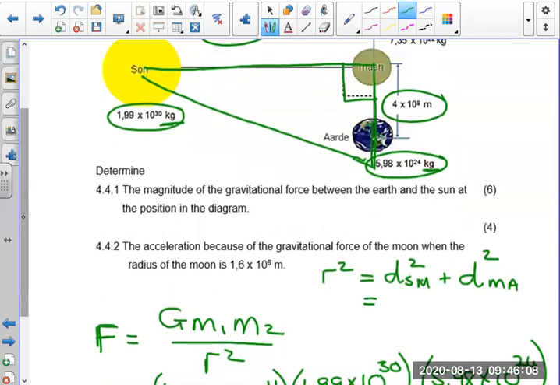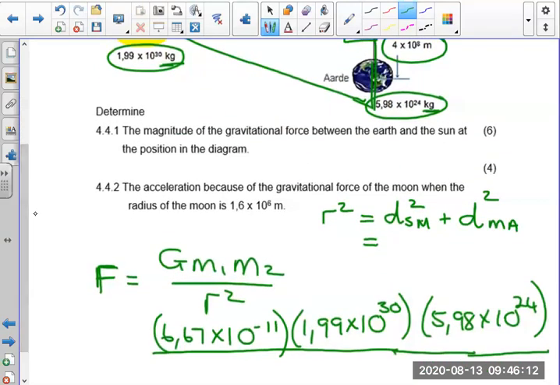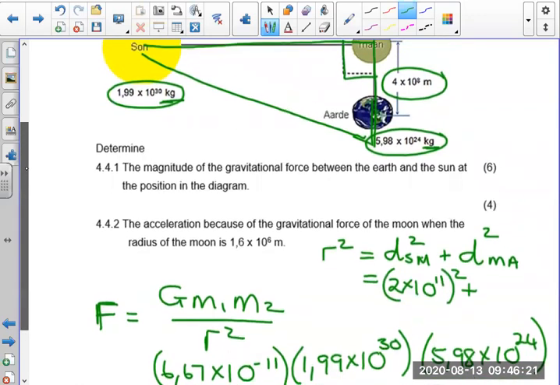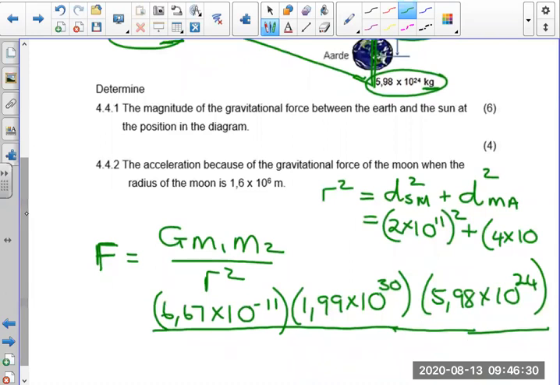So the distance between the Sun and the Moon is 2 times 10 to the power of 11, squared, plus from the Moon to the Earth. What's that distance? 4 times 10 to the power of 8, squared. The square root of that will give us the radius. Okay. Now let me just draw a line there.